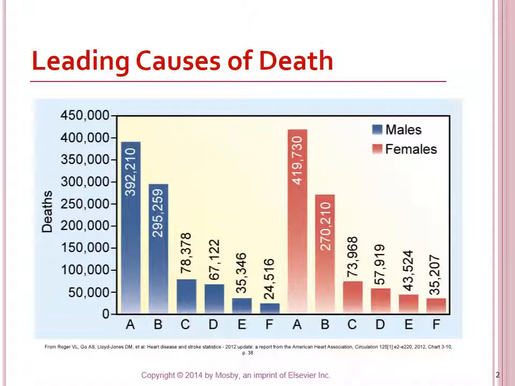Patients with CAD can be asymptomatic or may develop chronic stable angina or chest pain, unstable angina, and myocardial infarction, or MI. Those are more serious manifestations of CAD and are termed acute coronary syndrome, or ACS.